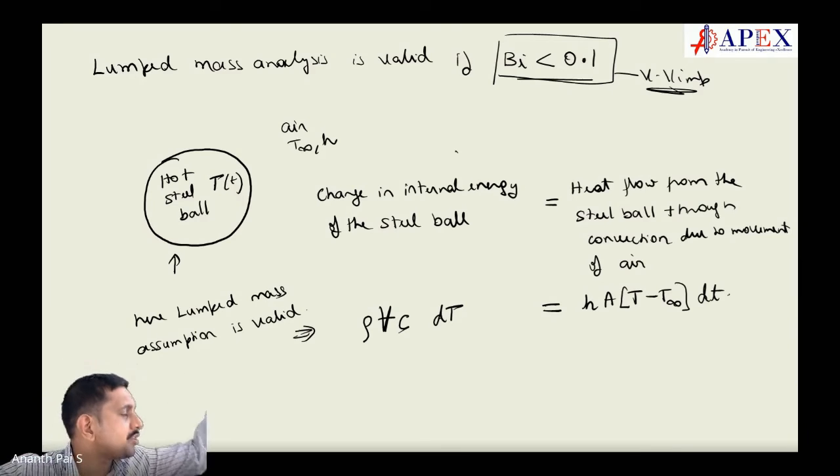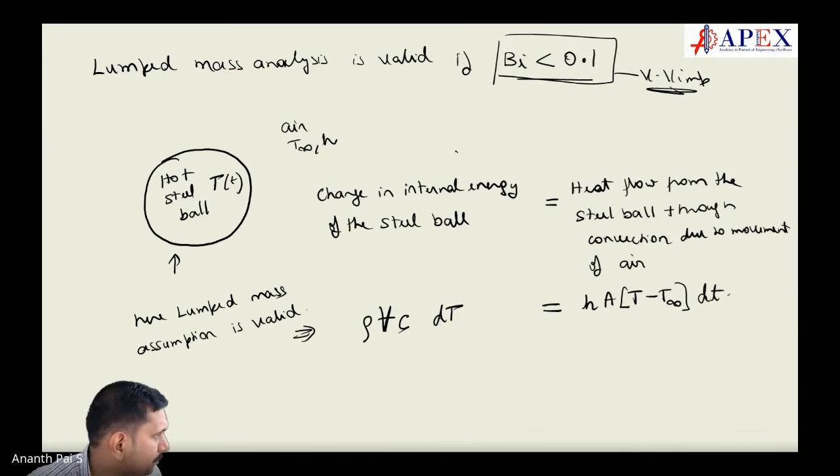That is, the whole steel ball remains at the same temperature. Temperature is reducing, but the temperature at the center and the temperature at the end remains the same. That is our assumption. That is why I can write rho, volume, C into dT. I can write it because it remains the same.